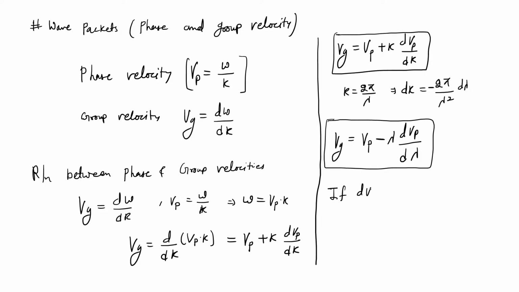If dVp over dk or dVp over d lambda is equal to 0, then the medium is called non-dispersive.